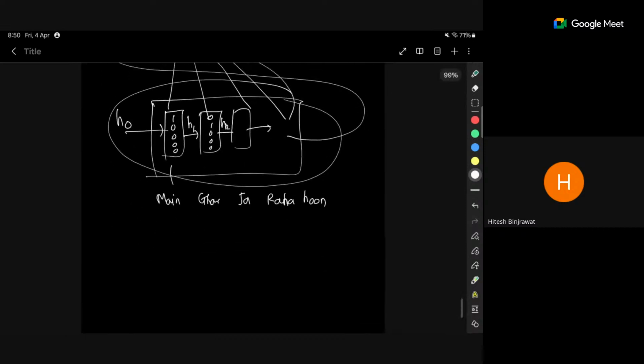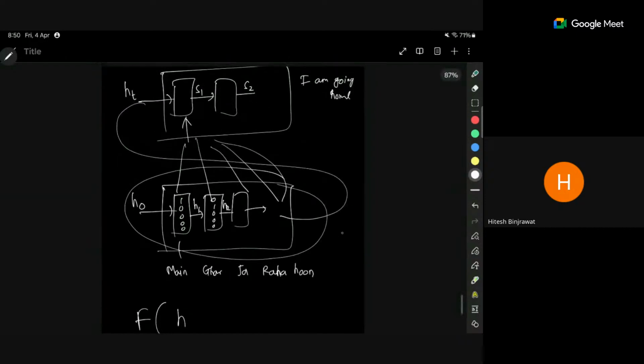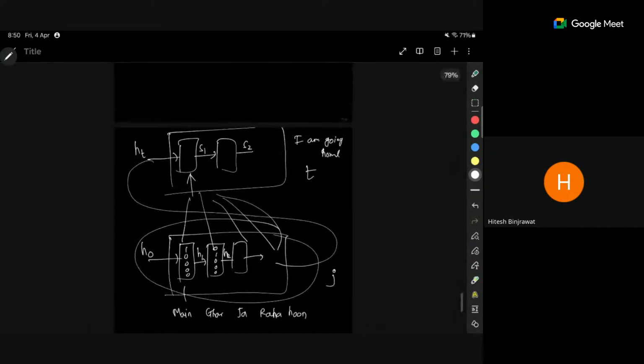So now I want to predict it. What I actually need is some kind of function which tells me the importance of all of these h, let's say I'm calling this j for timestamps, and here I'll use t as the timestamp. So I want all the h, j, at the first timestamp.